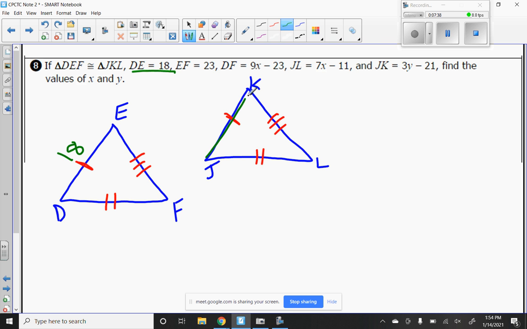That's equal to JK. Does it give us JK? It sure does. Look, JK is up here. You now know what two things are equal. So you could label it if you wanted. You don't have to. Or you could just go right to your equation of saying 3y minus 21 is 18.